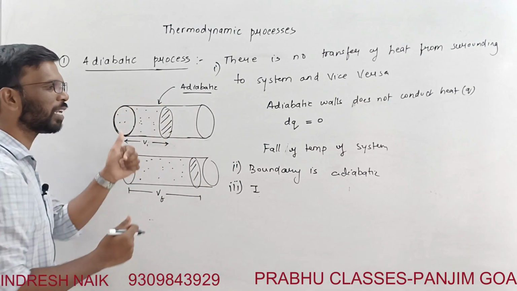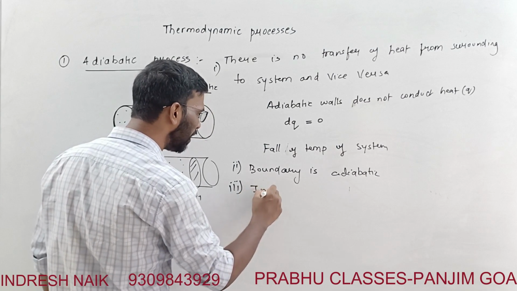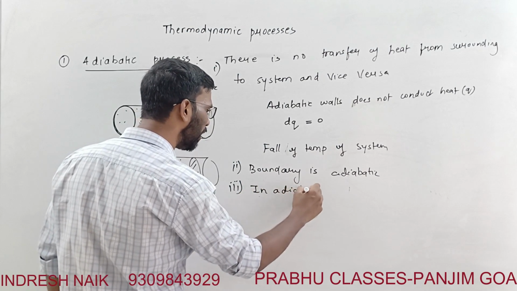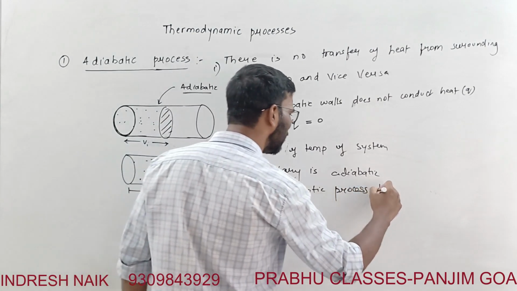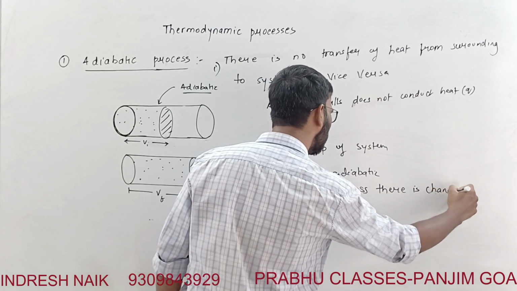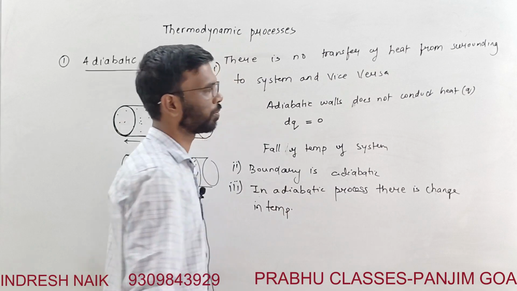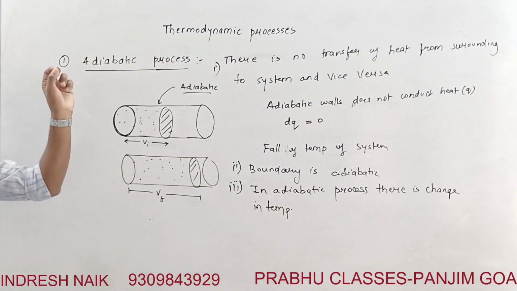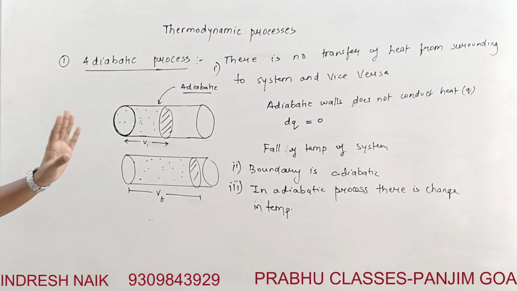If I compress this, the temperature is going to increase. So we can say that in the adiabatic process there is a change in temperature. This is the first process which we have learned, and these are the important points you should know about the adiabatic process.